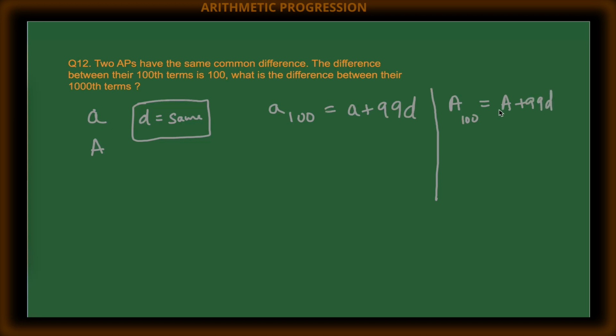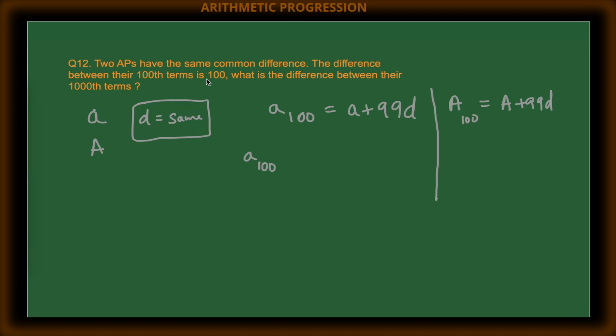Just to differentiate, those are two different arithmetic progressions, one denoted with small a, another with capital A. Let's try to solve this. Both have the same common difference.